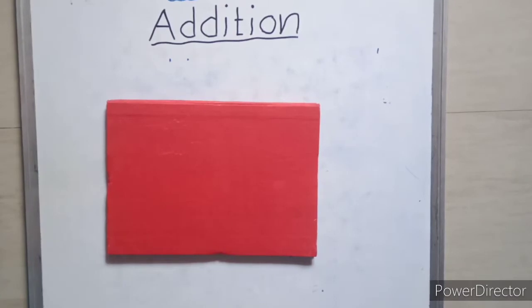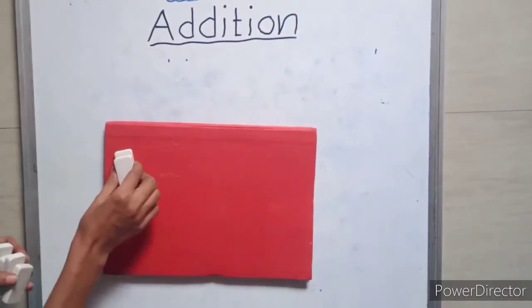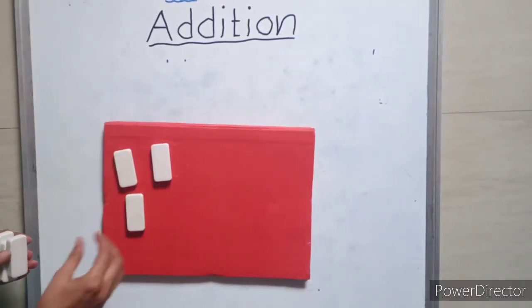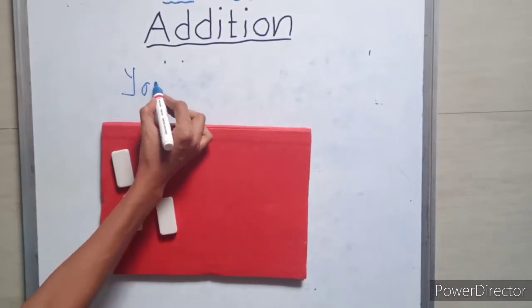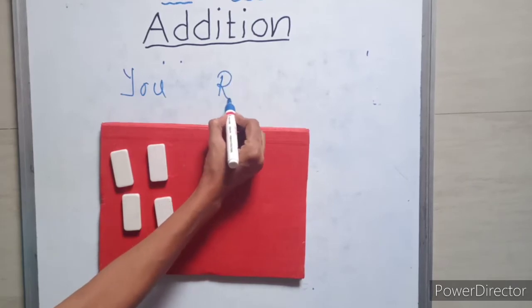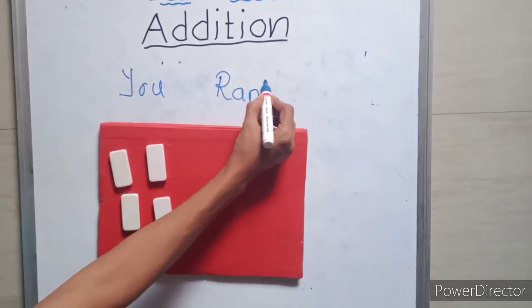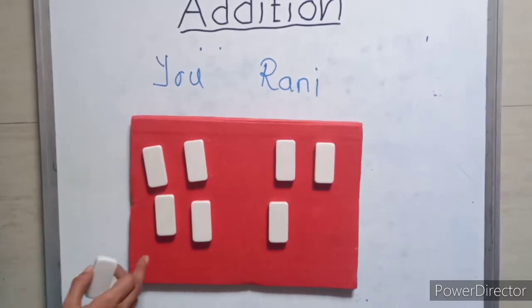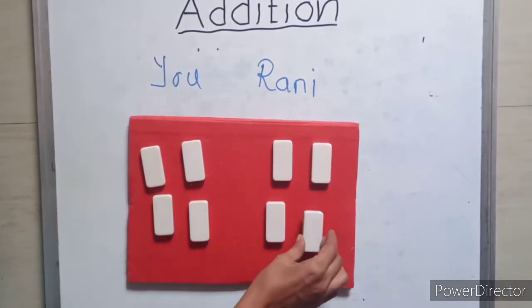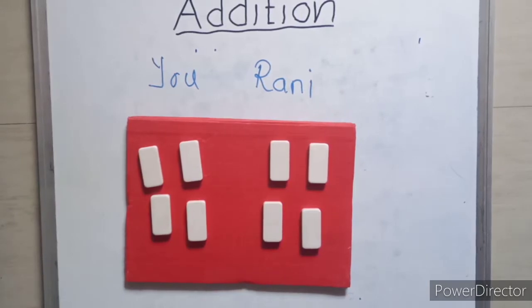First I said you have 4 cookies. Here you and here your friend Rani. You have 4 cookies and your friend Rani has 5 cookies.